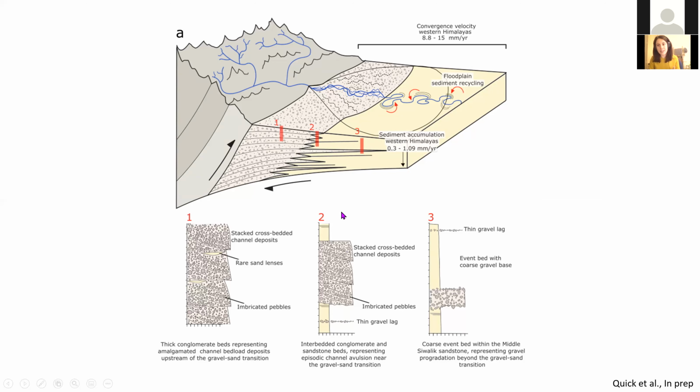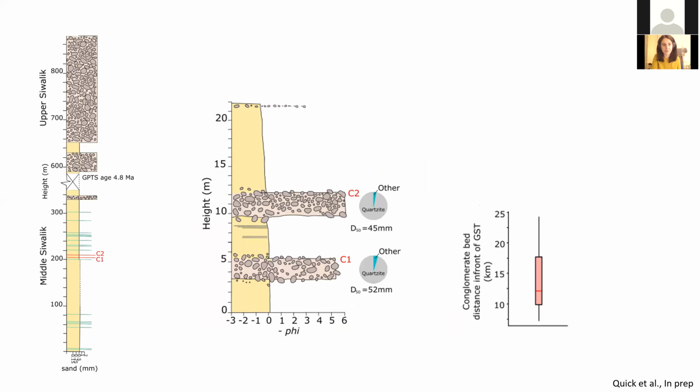Whereas if I look at a Siwalik succession, particularly the middle Siwalik sandstone section, and see potentially an isolated packet of conglomerate sedimentation like this, it may represent something like this in cross section. That's the sort of thing I was looking out for when I was going out and looking at these formations.